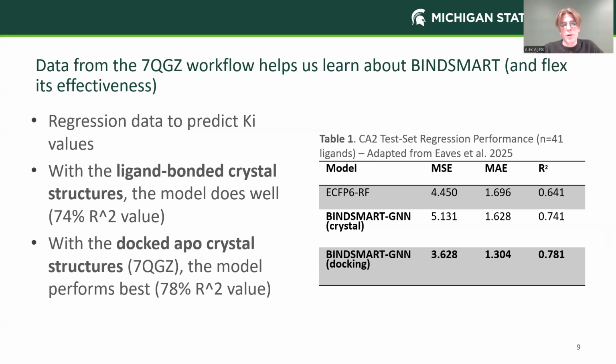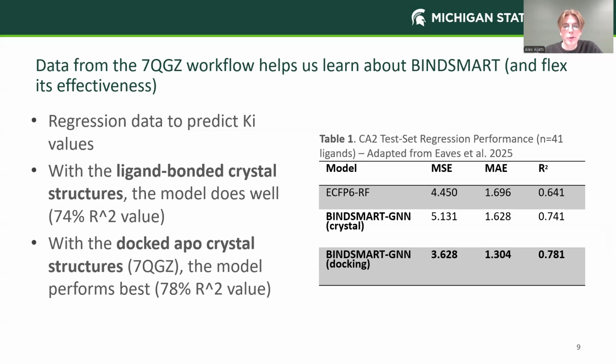With the crystal structures that were already bonded to ligands, the R squared value for the regressions was like 74. And with the docking APO structures, or with that 7QGZ, the model actually performs better at like 78% R squared.